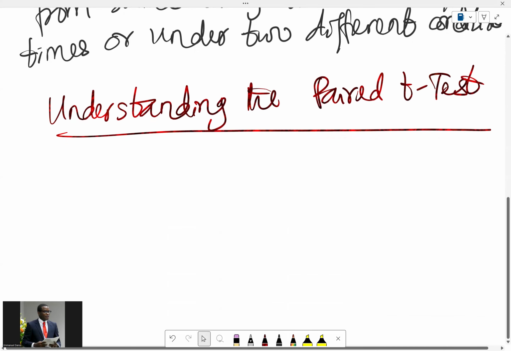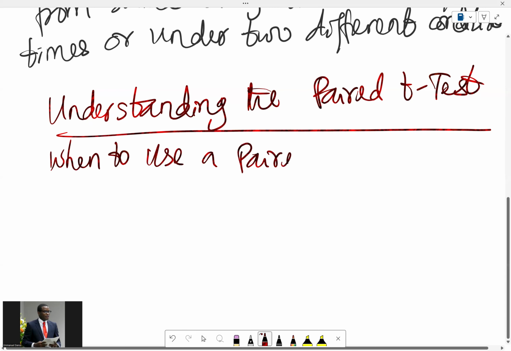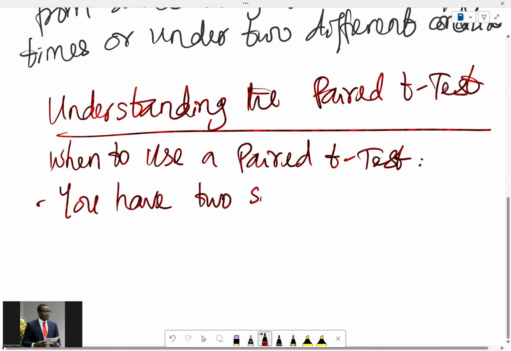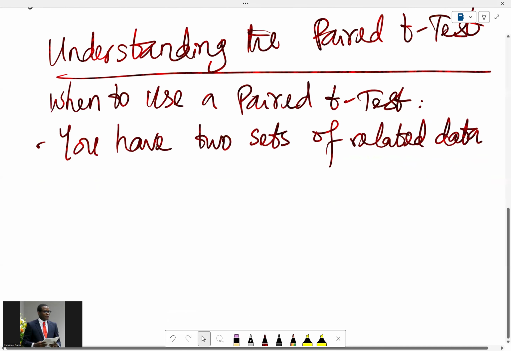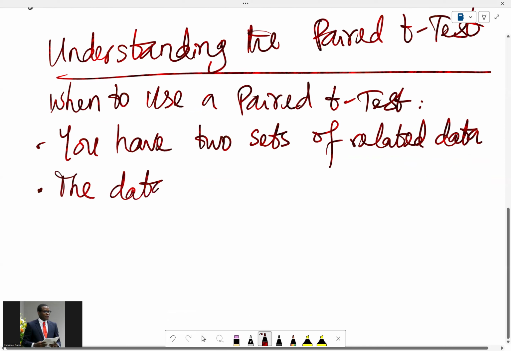First of all, when to use a paired t-test. First, you have two sets of related data. For two sample t-tests, you have two sets of unrelated data. That's the key difference. Then the data are normally distributed.